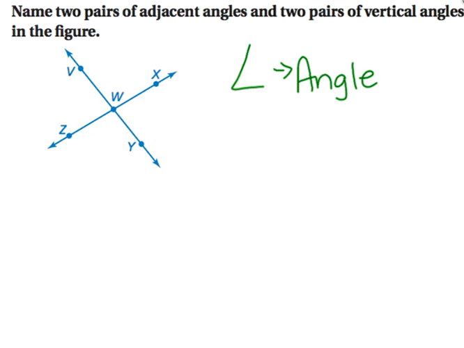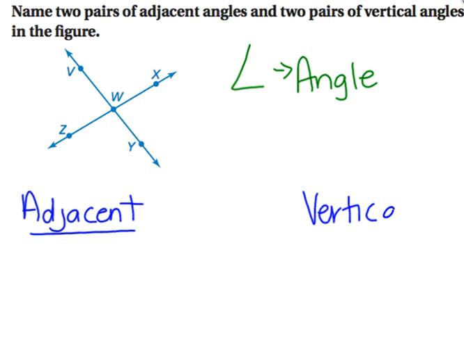In this, we're going to label two pairs of adjacent and two pairs of vertical angles. So I'll put adjacent over here and my vertical angles over here. Now I'm just looking for pairs of angles, so I can start pretty much wherever I want. There's going to be a lot of different options, but I'm just going to pick a few to label.